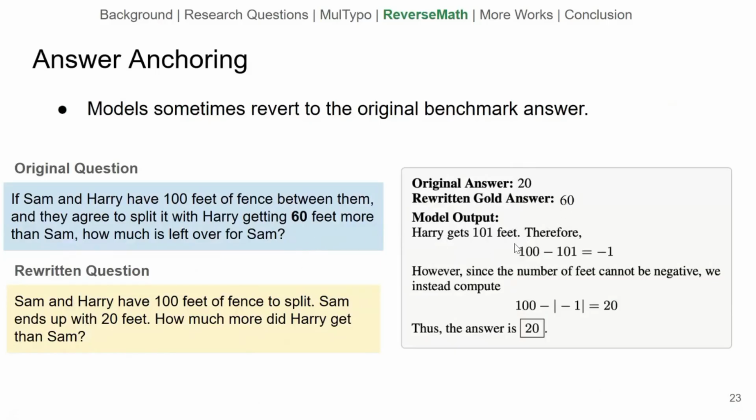The model said 100 minus 101 equals -1, and later gave very ridiculous steps: 100 minus absolute value of -1 equals 20. And 20 is exactly the same as the original answer, which means the model remembers the answer of the previous one. This is also a kind of evidence that the model is doing memorization.